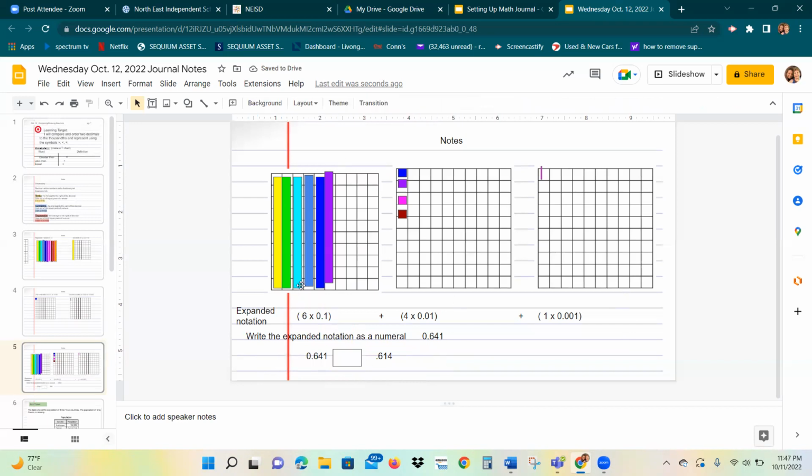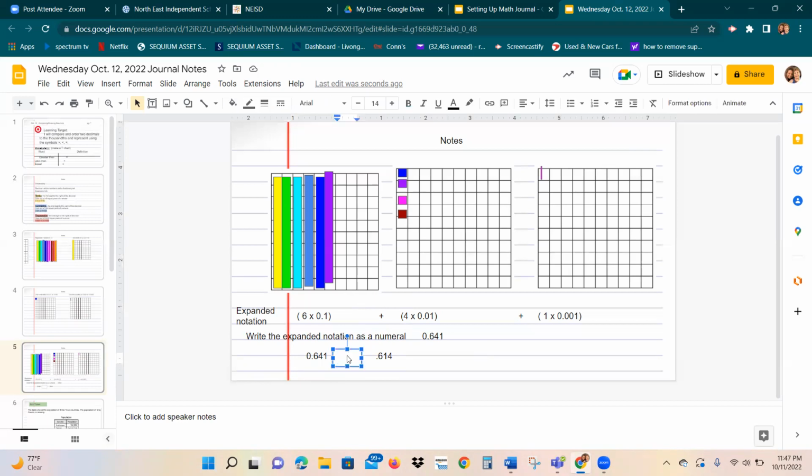So look at this picture. You have 6/10, 4/100, and 1,000. Here you'll have 6, but then there'll be only 1. So what would I put in here then? Greater than or less than?